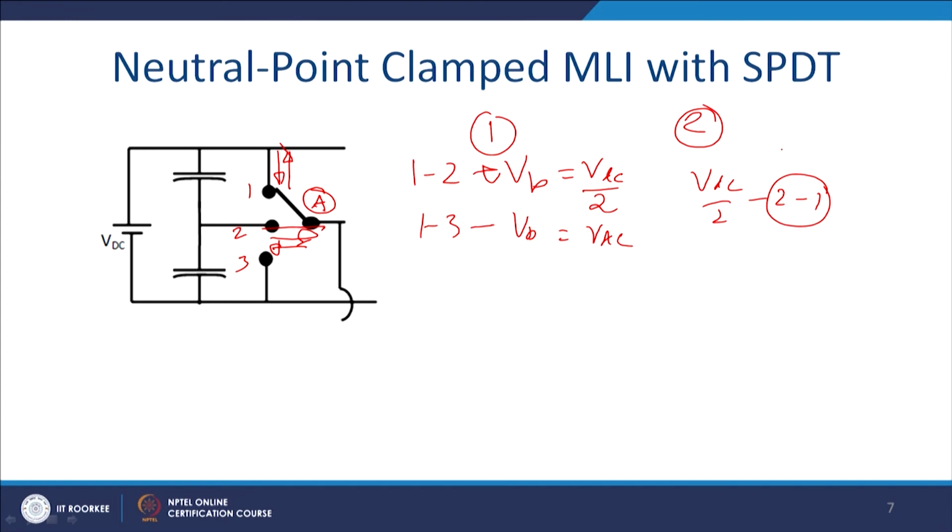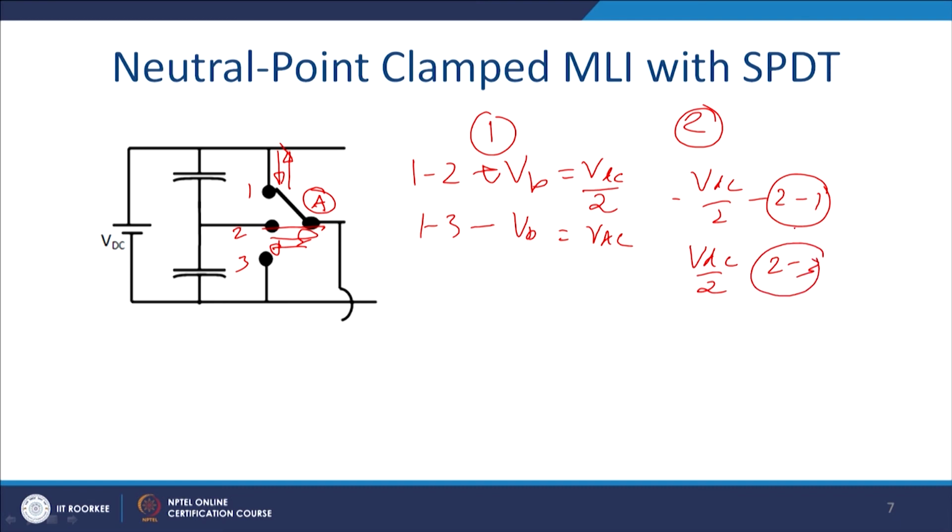There is a minus sign involved, so it is required to block the voltage of minus VDC by 2, and the same VDC by 2 you will find between 2 and 3. This is the condition.